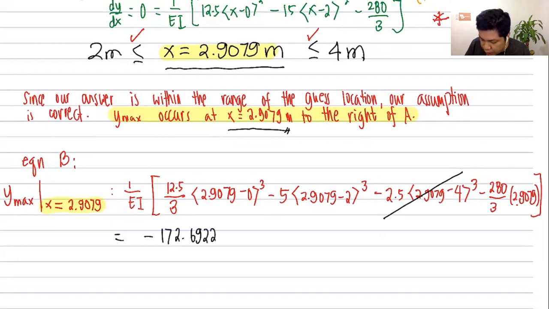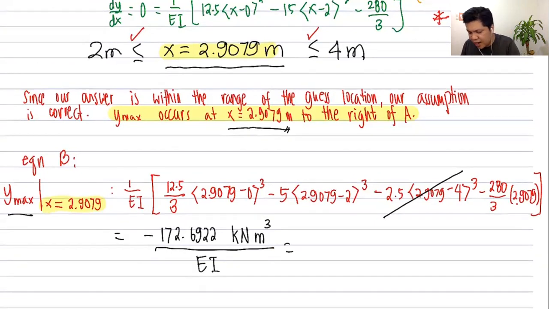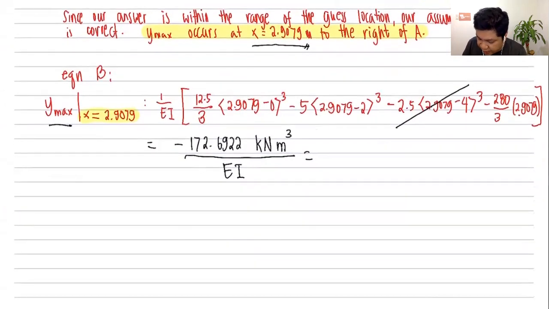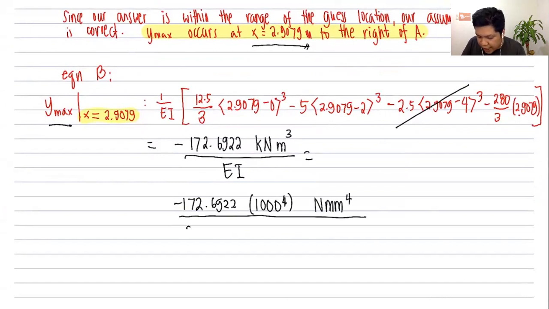172.6922 kilonewton, force, length cubed, if that's deflection, all over EI. Since I'm very familiar with newtons and millimeters, this is negative 172.6922 multiplied by 1,000 raised to 4 to be equal to newton millimeters to the fourth, all over EI, 200,000 megapascals times I, which is 65 times 10 to the 6 millimeters to the fourth.